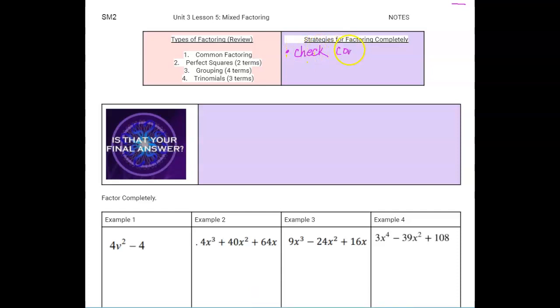common factoring first. You can do it at the end on some problems, but it's easiest if you do it first, okay? All right, and then once you common factor, if possible, then you are going to look at the number of terms because that's what's different for all these types, okay?